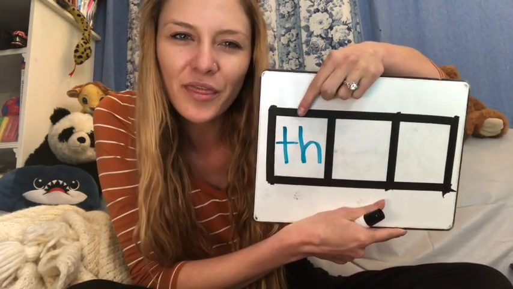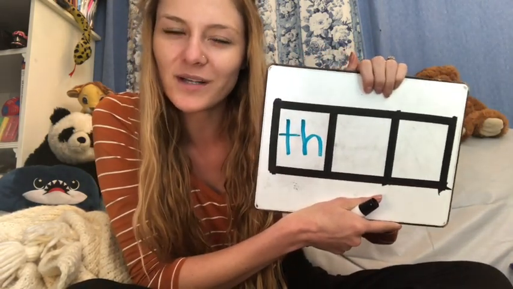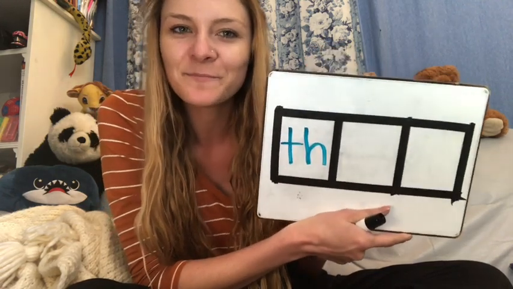What two letters put together says th, or you make the sound with your tongue sticking out, kind of like this. What two letters says that? That's right. TH says th. Can you think of any other words that have this digraph in it?